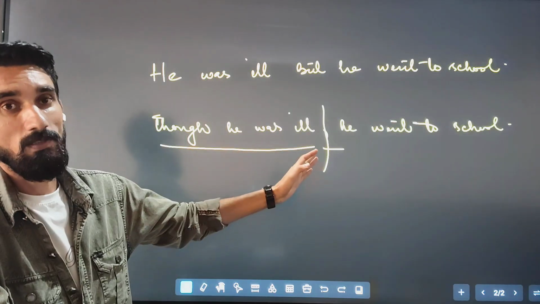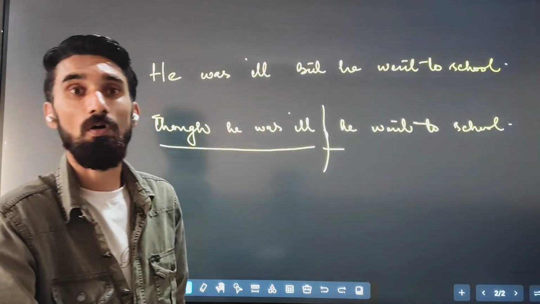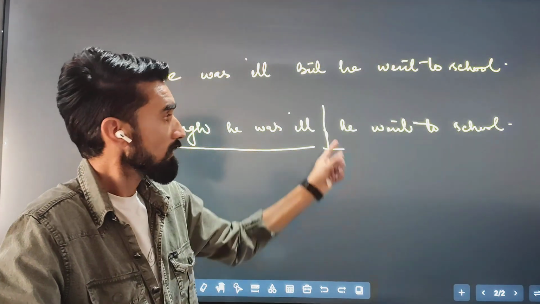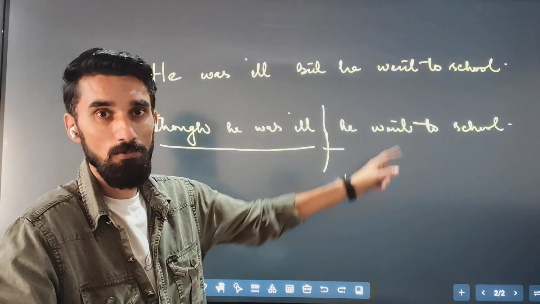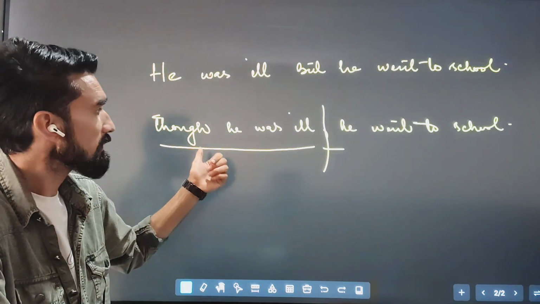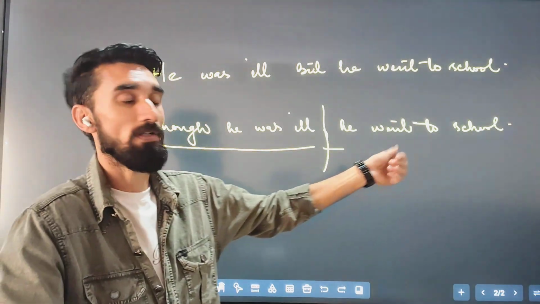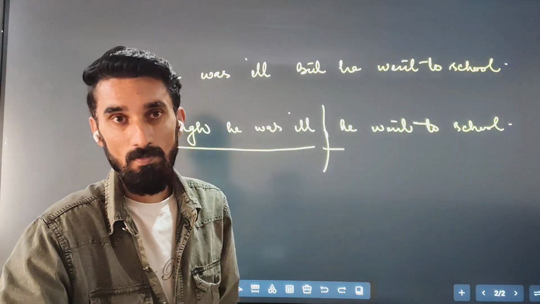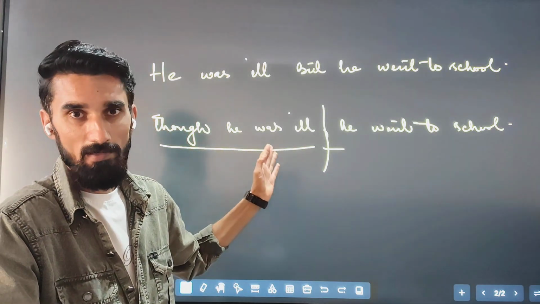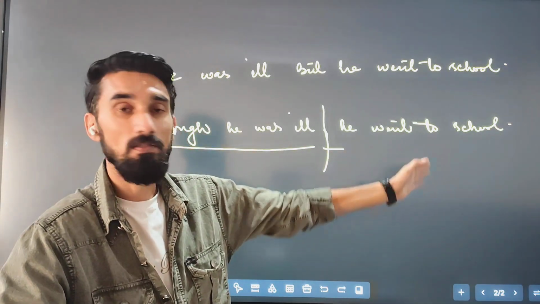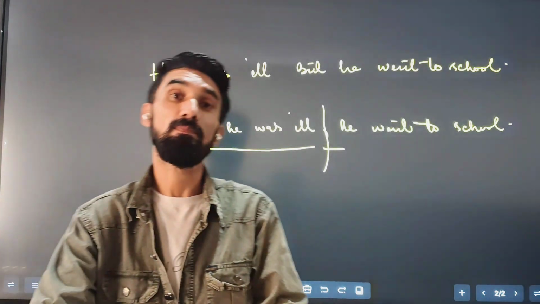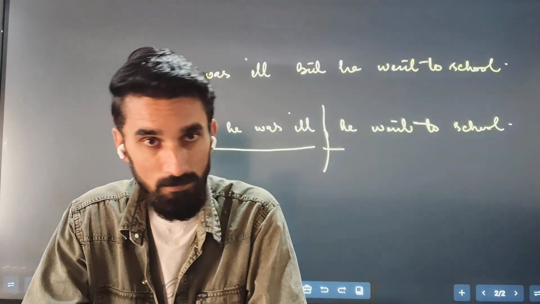So though he was ill is a subordinate clause. He went to school. Now it completes the meaning of this sentence. Though he was ill, he went to school. So we have one subordinate clause in this sentence and the other is the independent or main clause. So what does it become now?